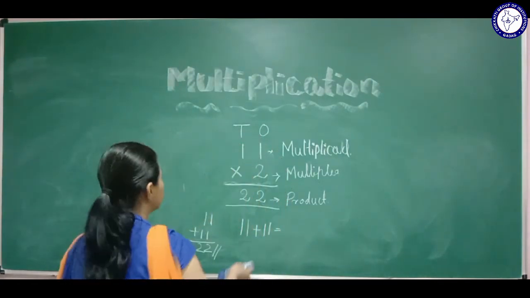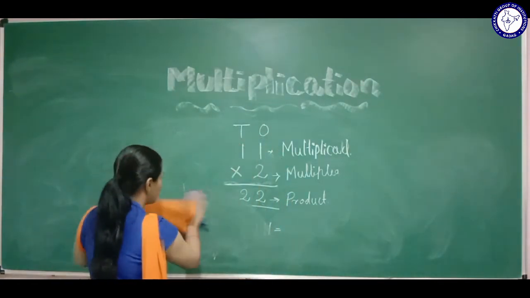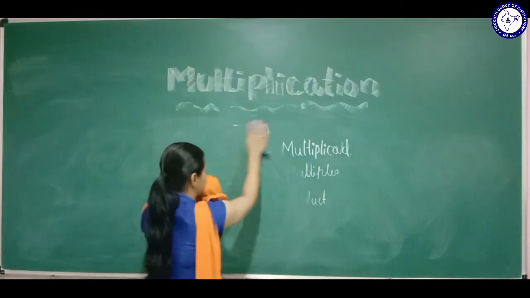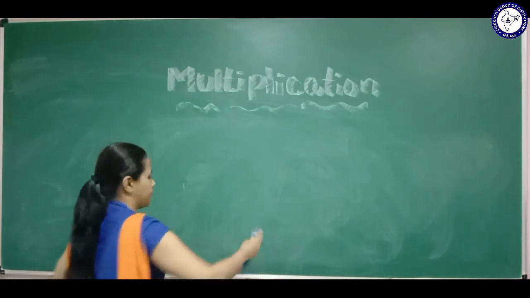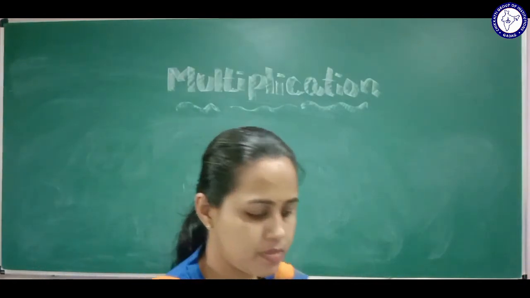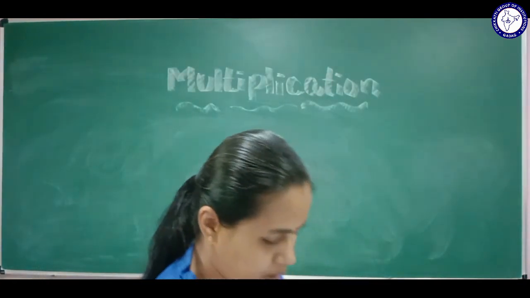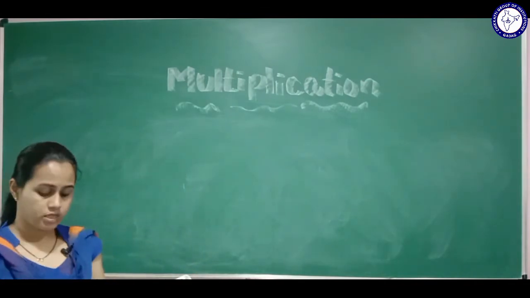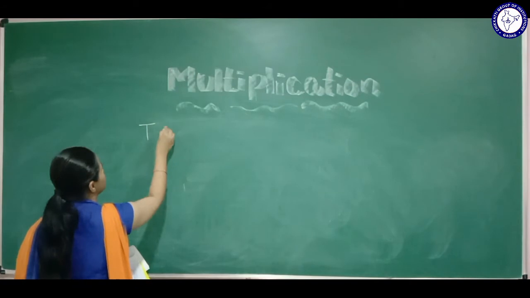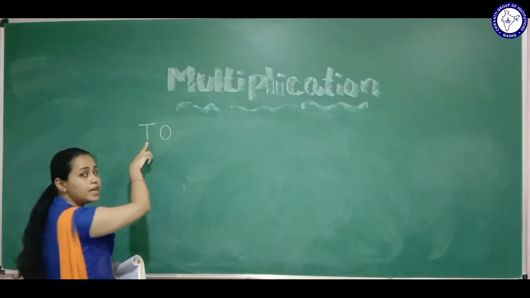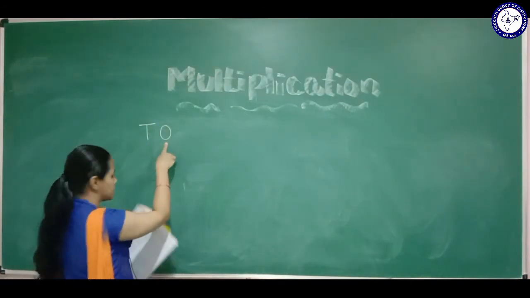We'll go to the exercise, your worksheet part, okay? If you open page number 12, right? There is multiplication. It's tens and here ones, okay?